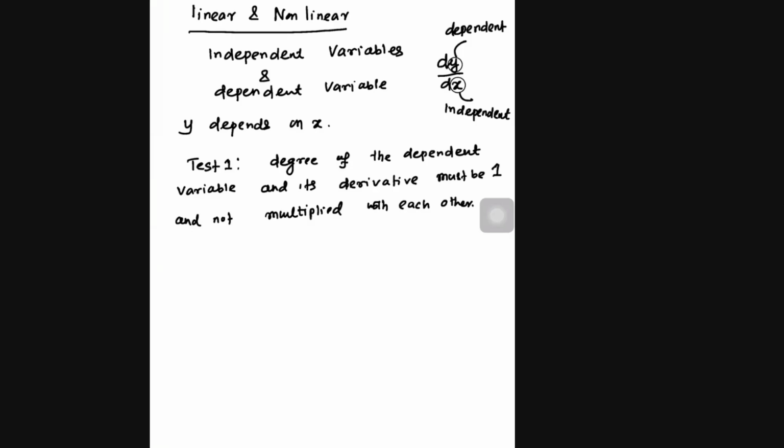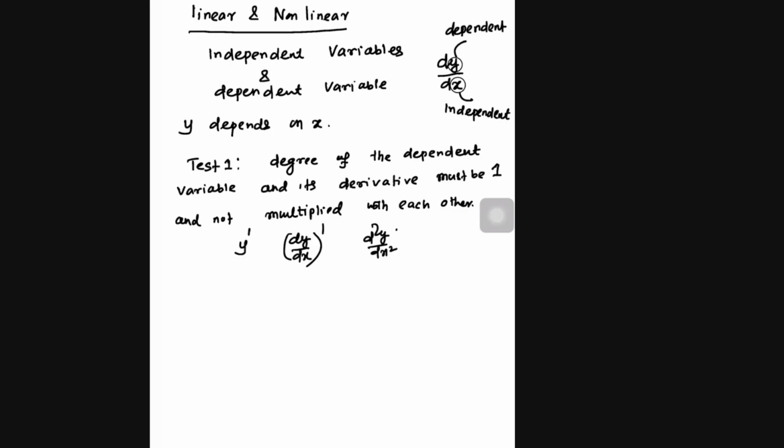This is test 1. That means y is the dependent variable, so the y power must be 1. dy by dx, if there is, must be 1, or d square y by dx square must be 1, like this.